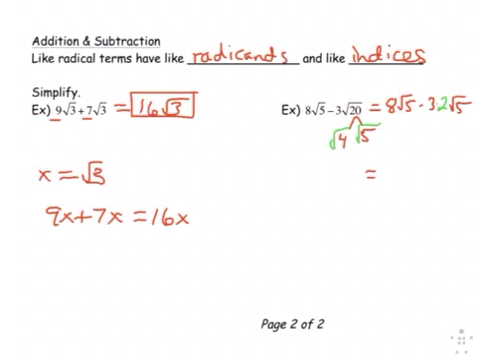So I multiply 3 and negative 2 to get negative 6 as the coefficient of that second square root of 5. So now the problem becomes 8 of these square roots of 5 minus 6 of these square roots of 5, for a total of 2 square root of 5. Box your answers.